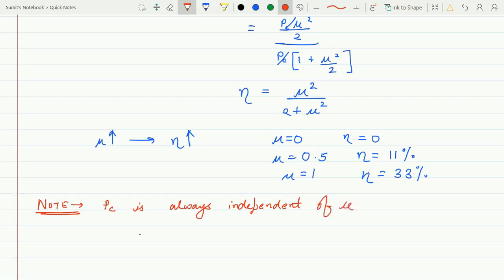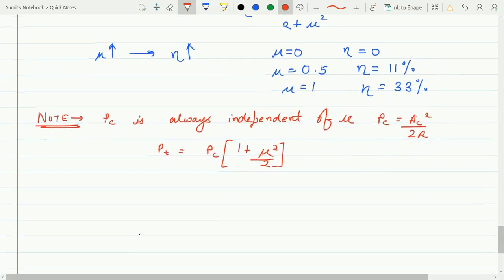It is always constant, and it is given by AC square by 2R. Your total power is the one that depends on mu, because you have this factor mu square by 2, and the sideband power also depends on mu.